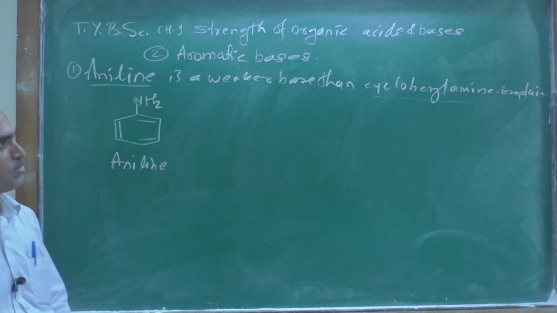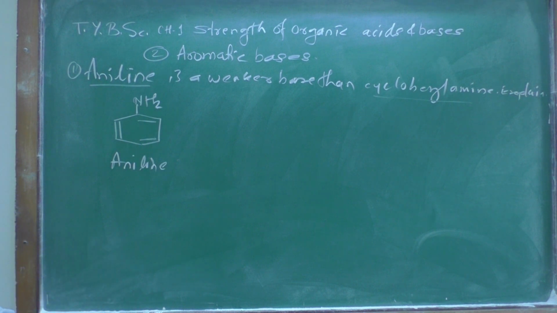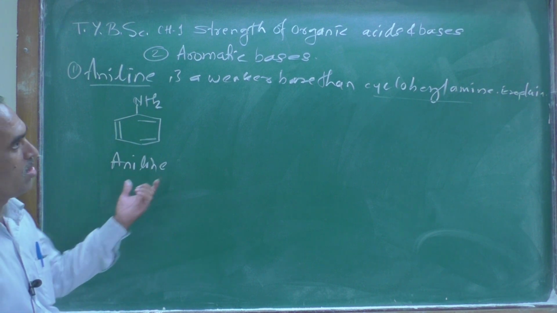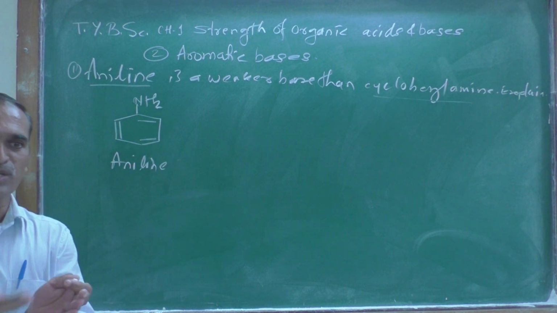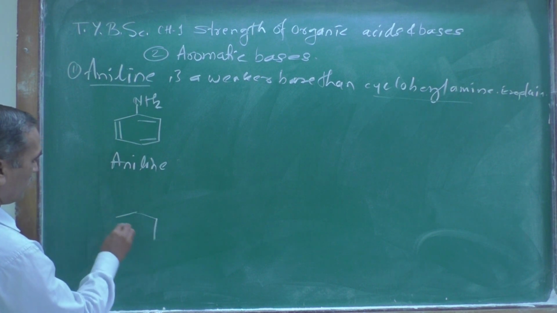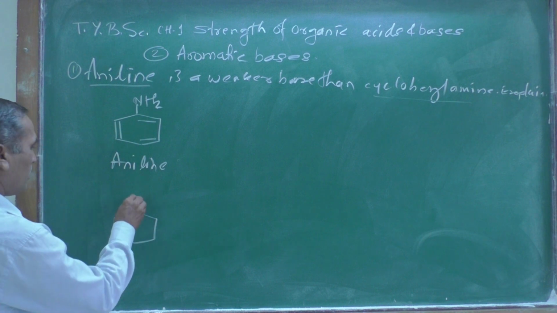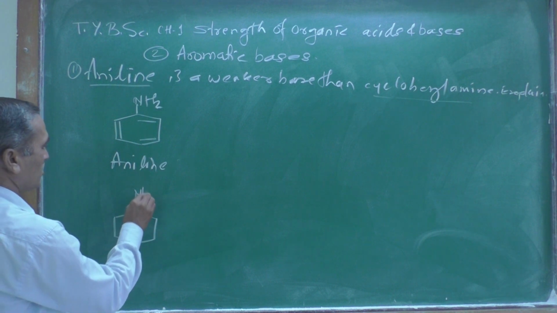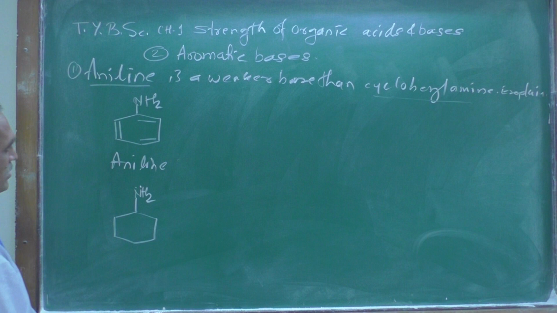Just now I told you the criteria for aromatic compounds, and they are very, very stable compounds. Now its analog, cyclohexylamine, is an analog of this aniline. Let us see the structure of cyclohexylamine, it is this one, NH2, nitrogen containing.